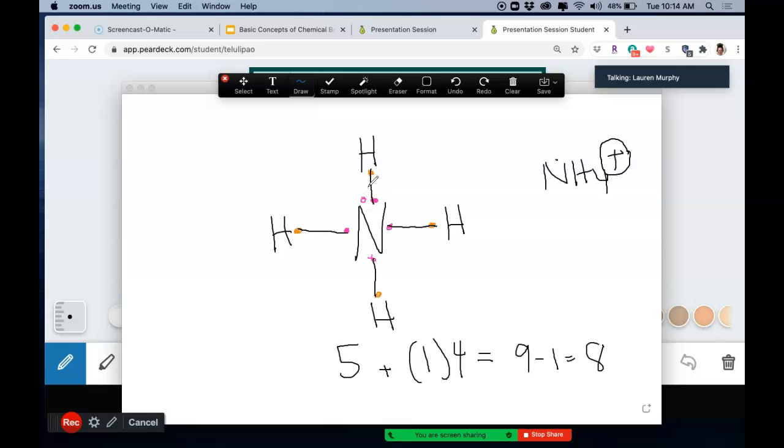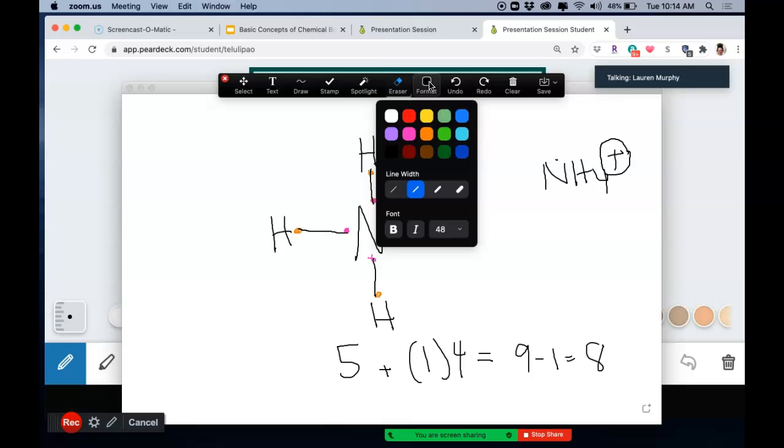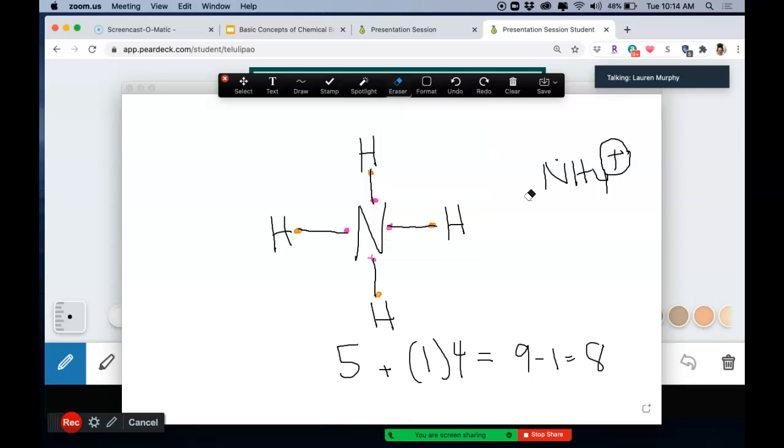So you take that 1 electron away from the central atom, which helps, right? Because now you have an octet of electrons around nitrogen, and all of the hydrogens have 2, which is what we want. So removing that 1 electron actually makes this stable.